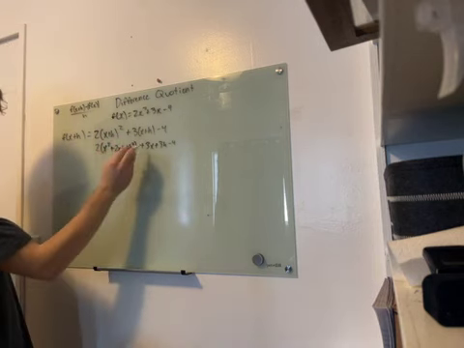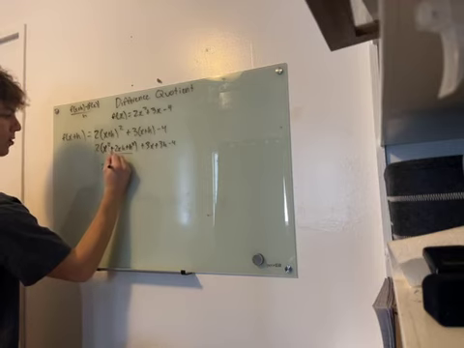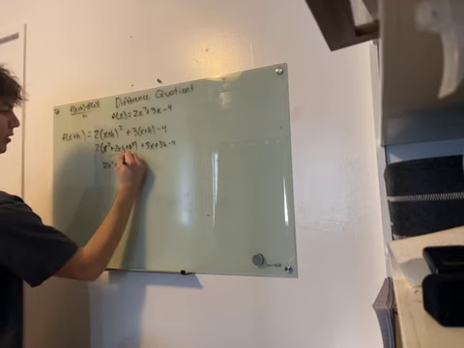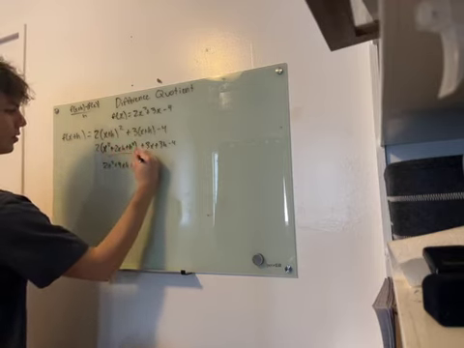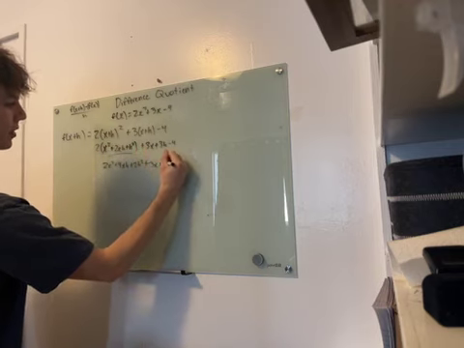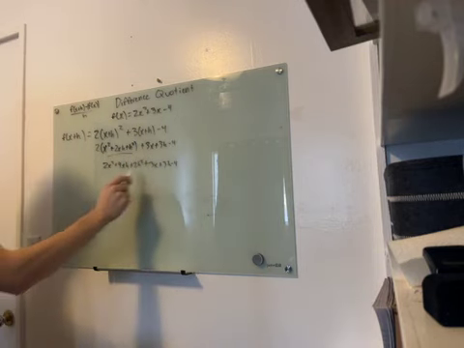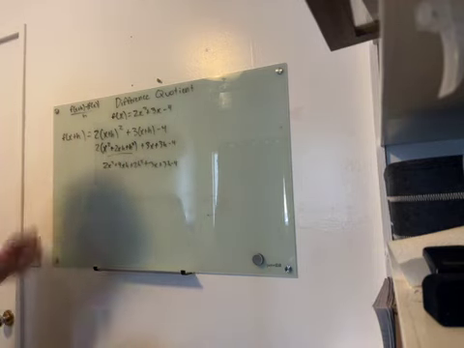And then we multiply by 2, so 2x squared plus 4xh plus 2h squared plus 3x plus 3h minus 4. So this is what we're going to put into the equation.